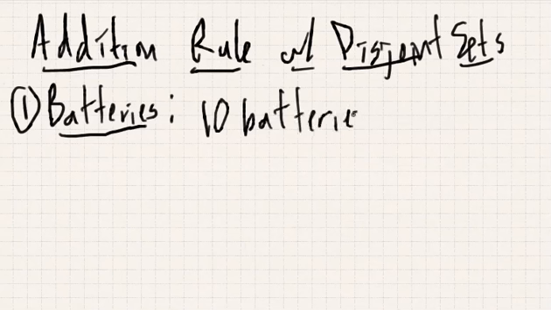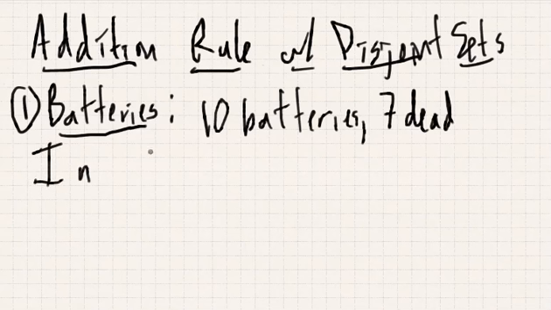and unbeknownst to me, seven of them are dead, so that means they need to be recharged, and the other 3 are good. Now, for my Wiimote, I need 2 good batteries.